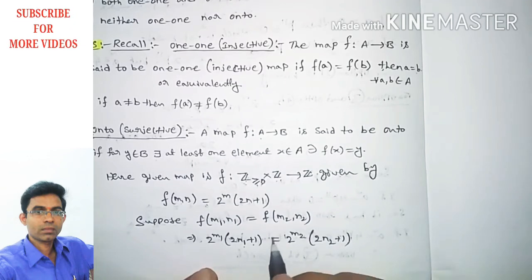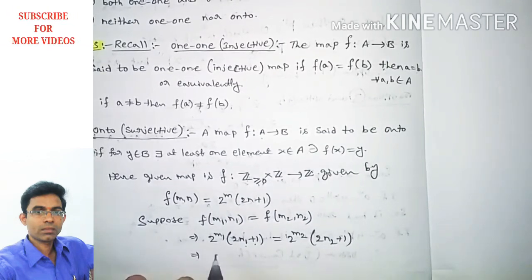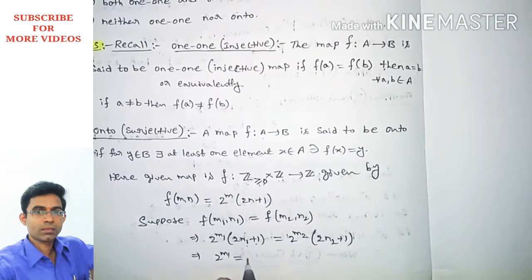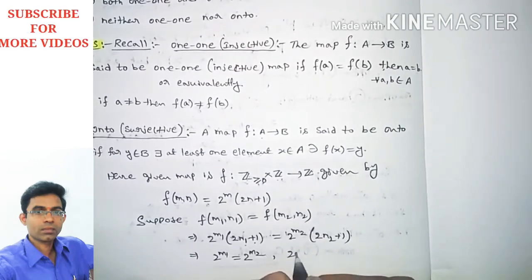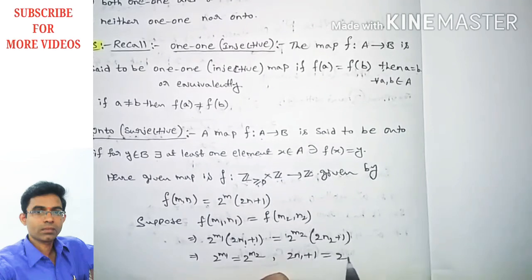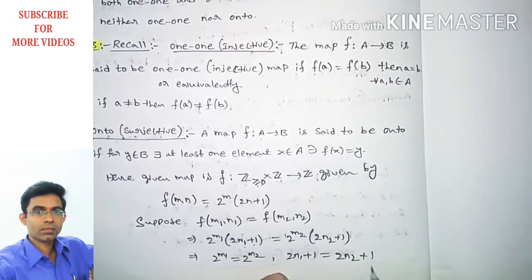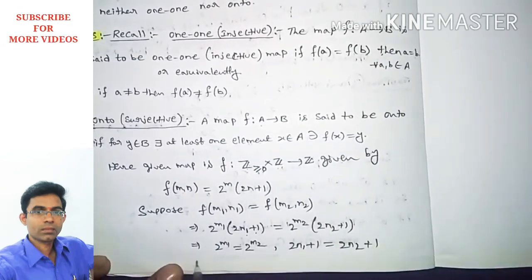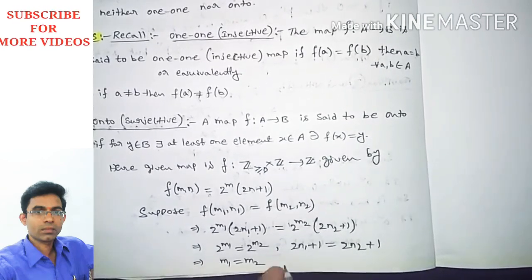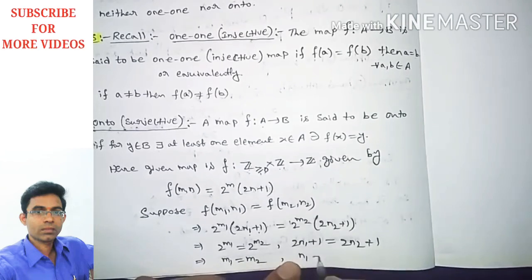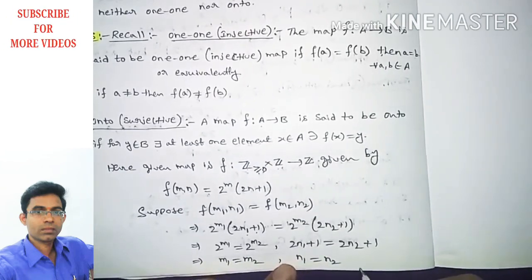So we have 2 power m1 is equal to 2 power m2, and similarly 2n1 plus 1 is equal to 2n2 plus 1. On simplification we get m1 is equal to m2, and n1 is equal to n2.